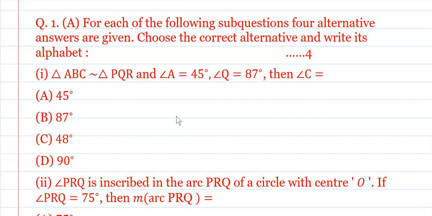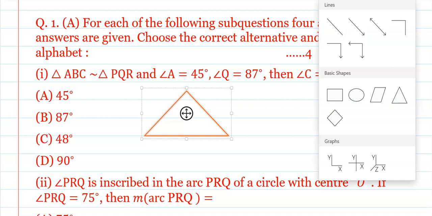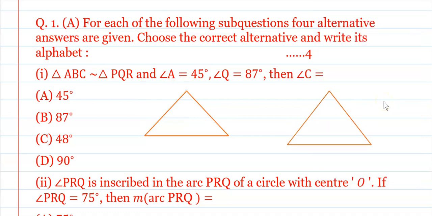Okay. Now see this here. The first triangle, we take the triangle. This is the triangle ABC. And another triangle, it is PQR. If I write here A, B and C. Next is P, Q, R. These two triangles are similar.